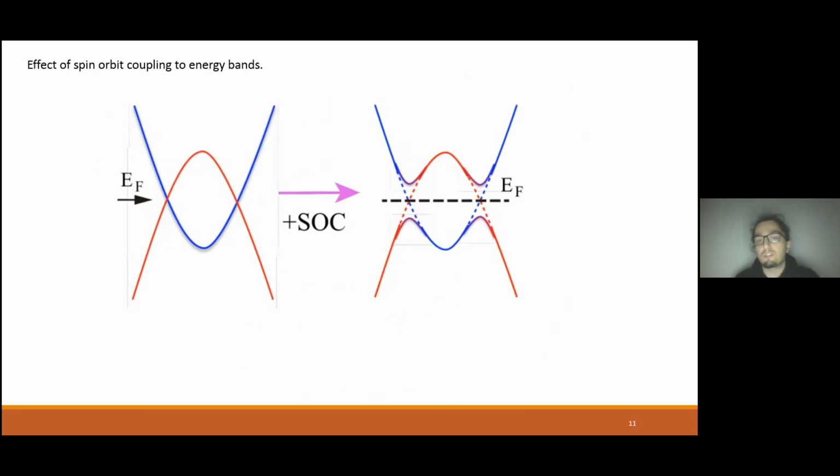But when we apply the spin-orbit coupling, we observe that the bands are being inverted, and an area between them is left away from the energy bands, which acts as an insulator. But at certain points, we see there are perfect conduction points. This is how spin-orbit coupling affects the material.